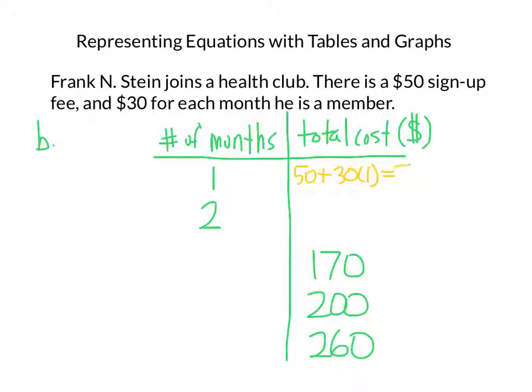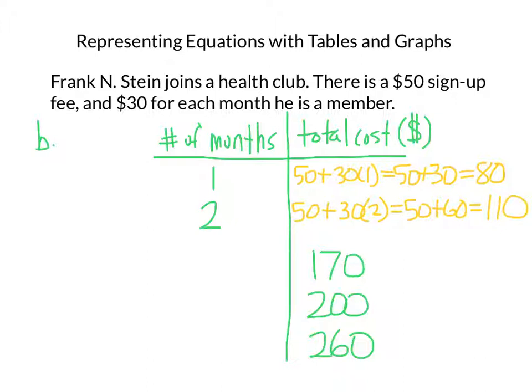So that's 50 plus 30. That would be $80 just for the first month. For 2 months, that would be the original $50, but now it's going to be $30 times 2 months. So 50 plus 60. So that's $110.